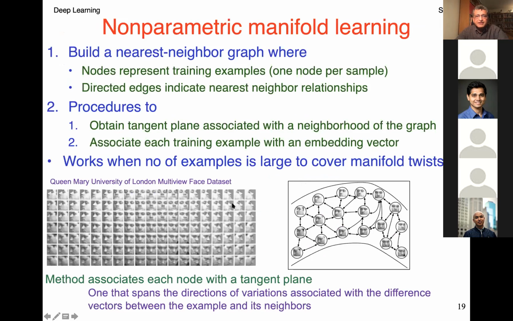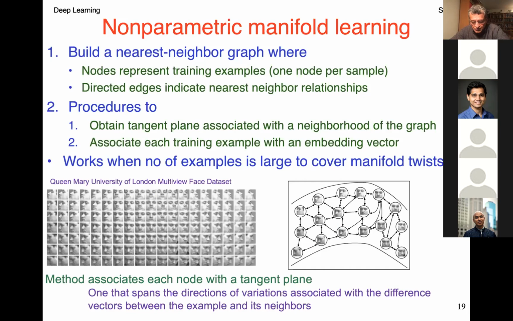This is a fairly simple idea. Non-parametric manifold learning. I'm kind of exposing you all to some research topics in deep learning now. But anyway, why not? We're not doing a lot of that in this course, but here is one area about learning representations.